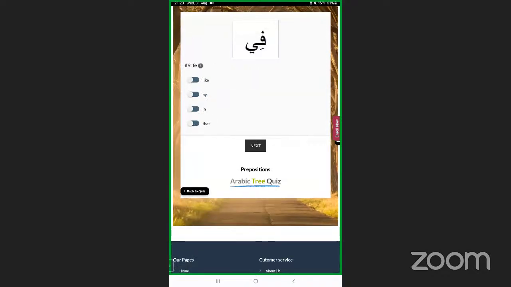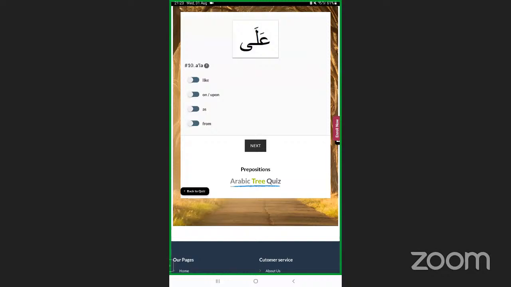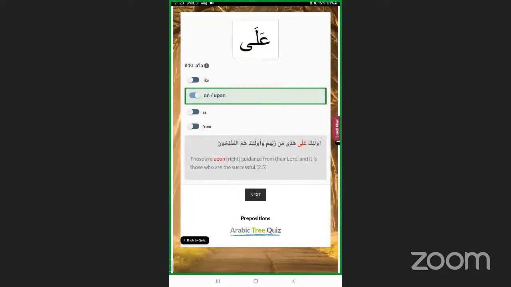Fi. Fi qulubihim maradun fazadahumullahu maradan. Ala. Allahumma salli ala. On, upon. Mashallah. Ulaika ala hudam min rabbihim.